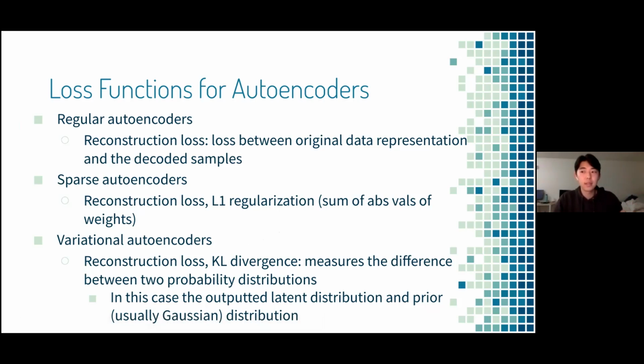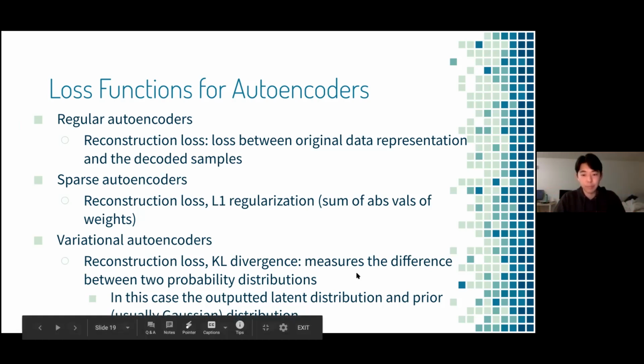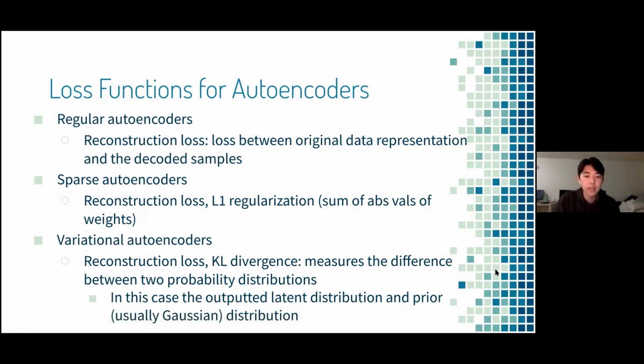So we're going to compare the distribution we come up with and our desired normal Gaussian distribution and see how similar they are, in order to push our model toward a unit normal Gaussian distribution. So it'll measure the difference between two probability distributions. In this case, the output latent distribution and prior would usually be a Gaussian distribution. So we want them to be similar.